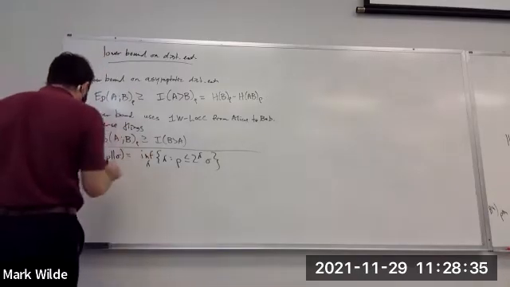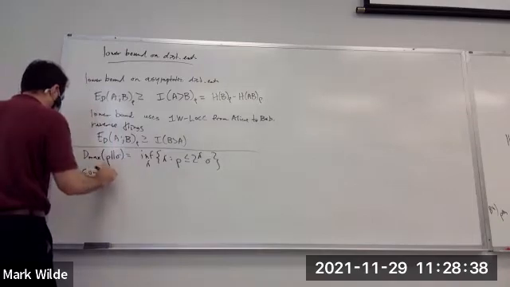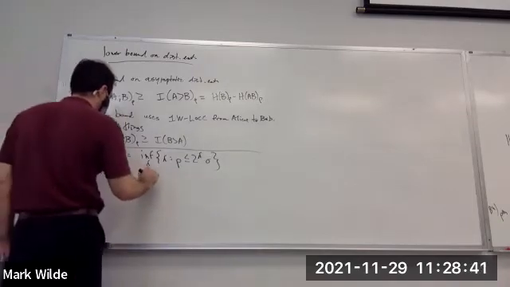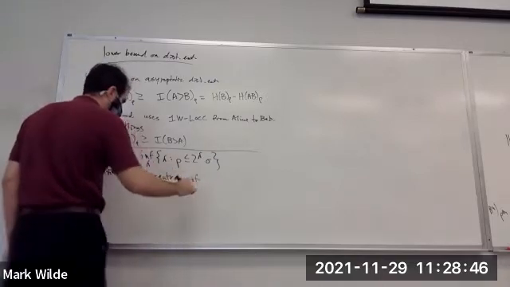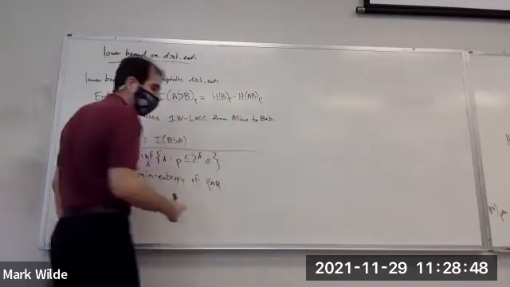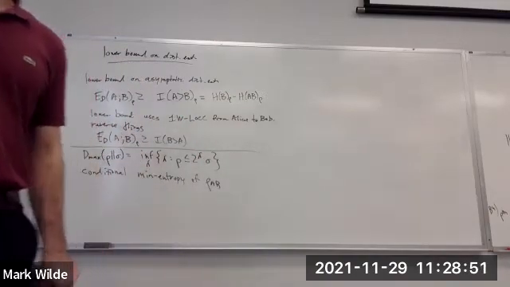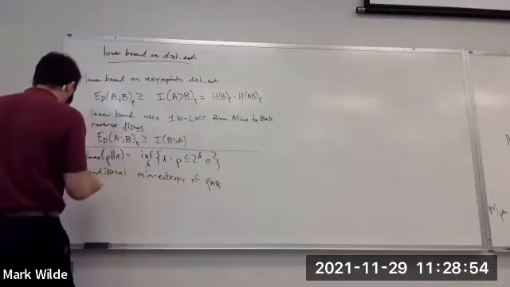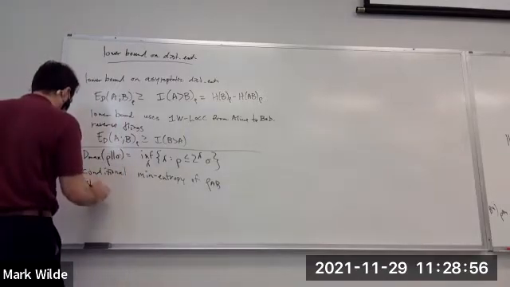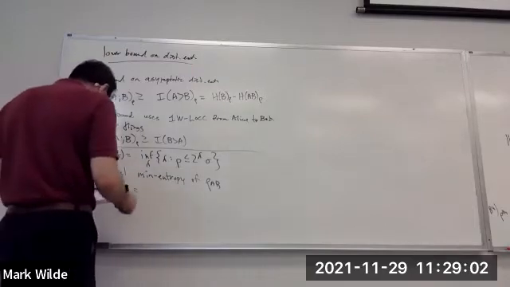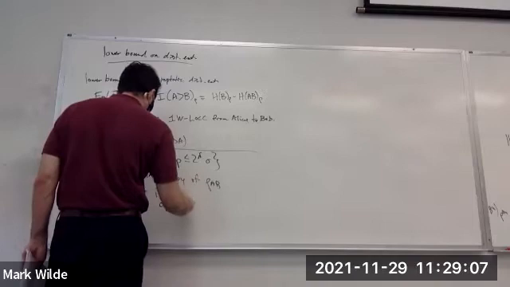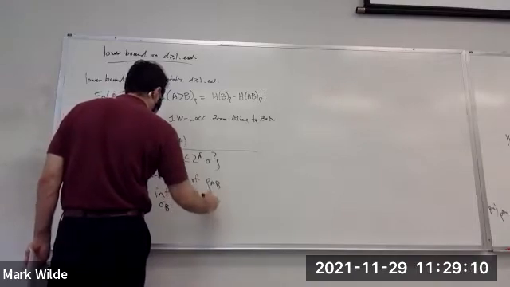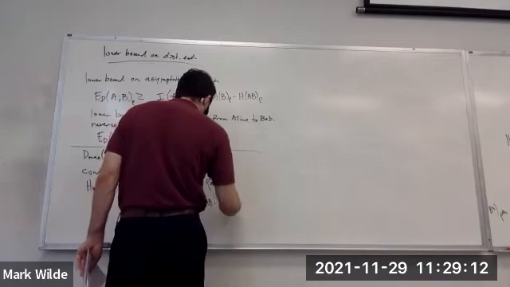And then from this, you can define conditional min entropy of a bipartite state. That's meant to be another kind of variant of conditional entropy. Here you put a minus sign in front and the supremum over states sigma B, and the max relative entropy between rho AB and this one.